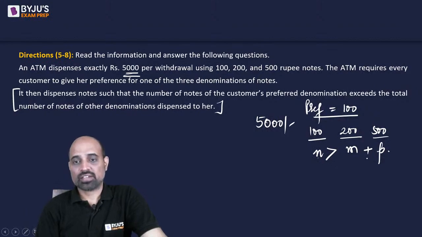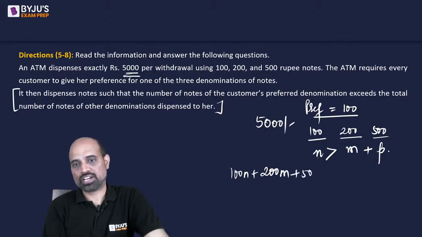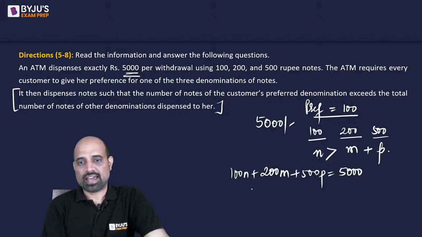So we can say that 100n plus 200m plus 500p is equal to 5,000. And n is greater than m plus p.